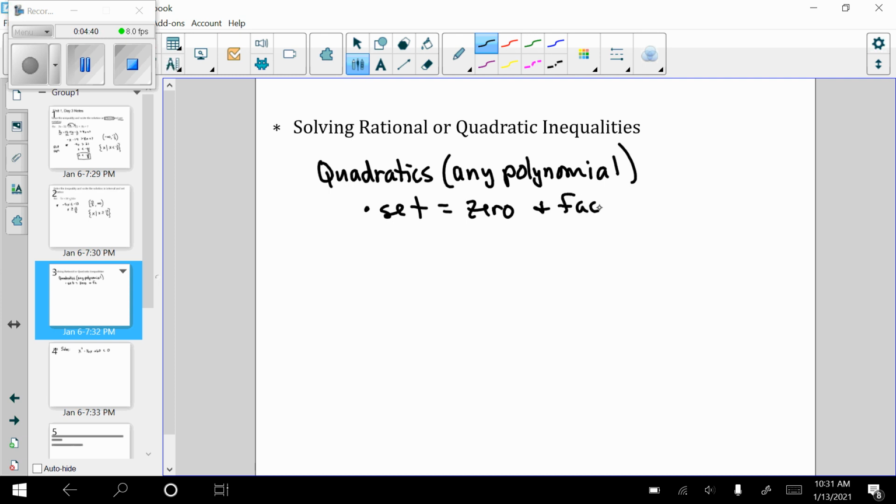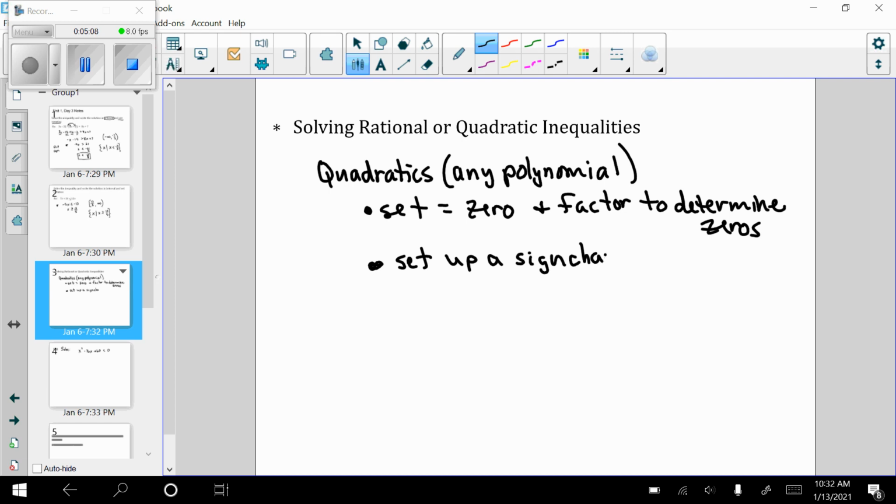And when I factor the polynomial, I'm going to be determining the zeros, or the x-intercepts, where the function is equal to 0. Okay, so the second thing you're going to need to do is set up what's called the sign chart. This really helps with more complicated polynomials. And this is also going to help you understand how to do these without using your calculator.